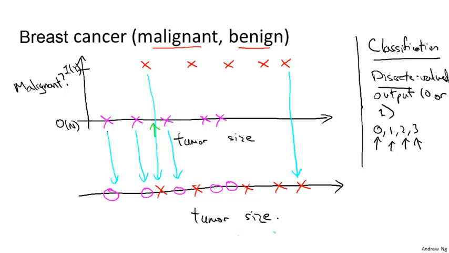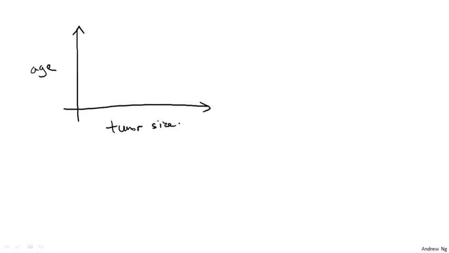Now, in this example, we use only one feature or one attribute, namely tumor size. We use only tumor size to predict malignancy or benignness of a tumor. It turns out that in other machine learning problems, we may often have more than one feature or more than one attribute. Here's an example. Let's say that instead of knowing only the tumor size, we know both the age and the tumor size.